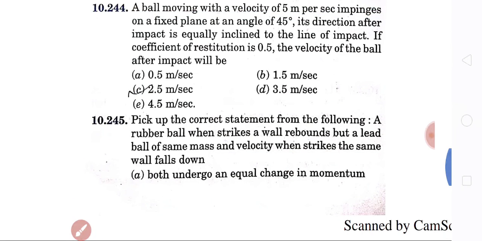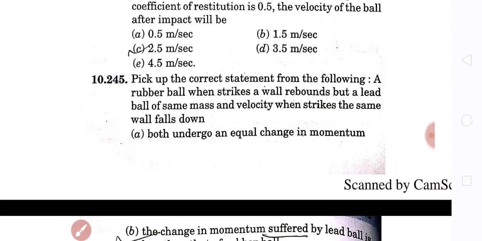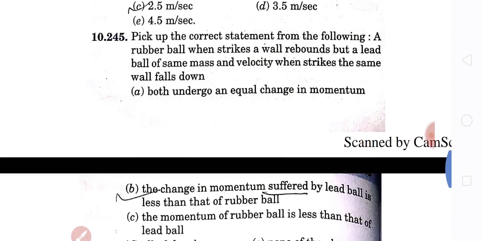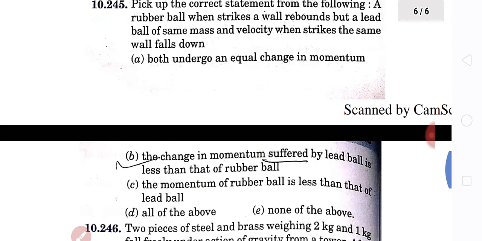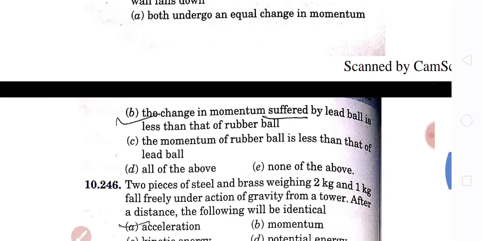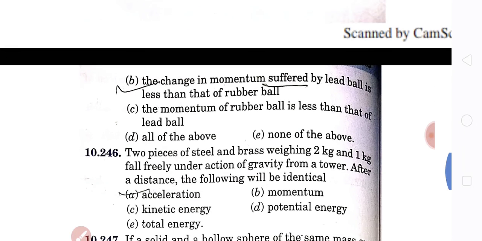Pick up the correct statement from the following. A rubber ball when it strikes a wall rebounds, but a lead ball of the same mass and velocity when it strikes the same wall falls down. The change in momentum suffered by the lead ball is less than that of the rubber ball.